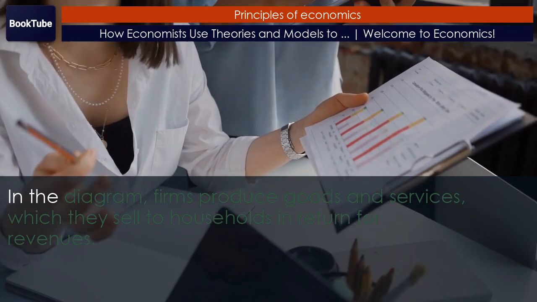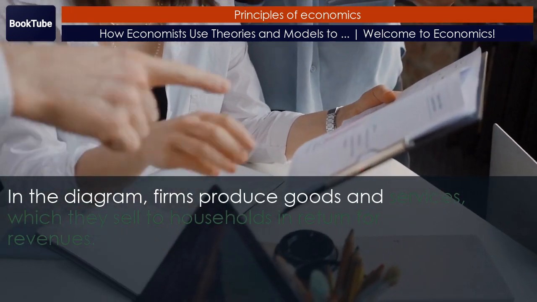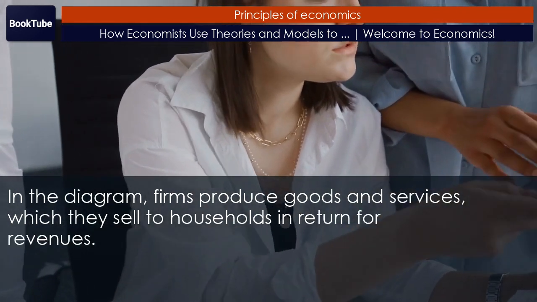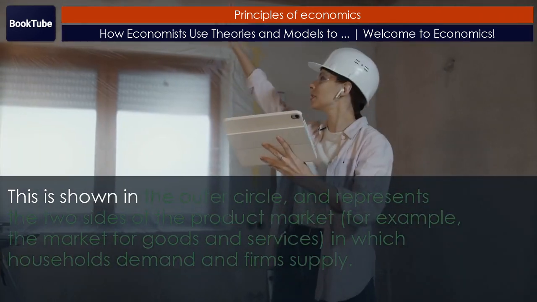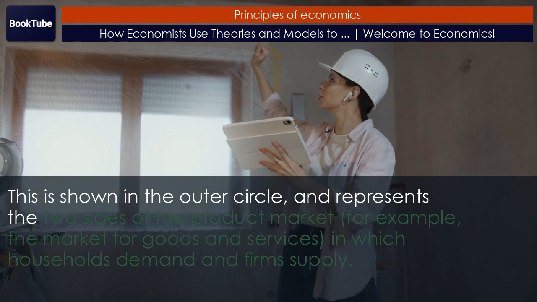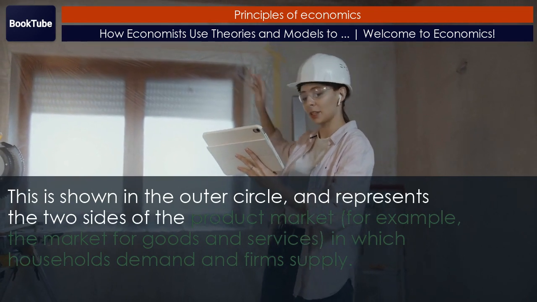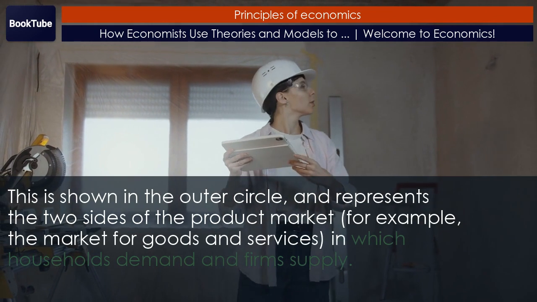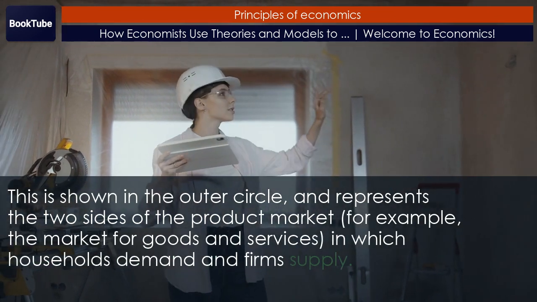In the diagram, firms produce goods and services, which they sell to households in return for revenues. This is shown in the outer circle, and represents the two sides of the product market. For example, the market for goods and services, in which households demand and firms supply.